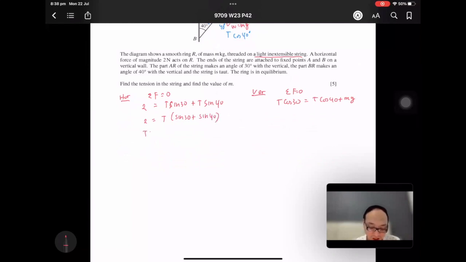So T will be equal to 2 over sine 30 plus sine 40, which is equal to, we use calculator, 2 over sine 30 plus sine 40.